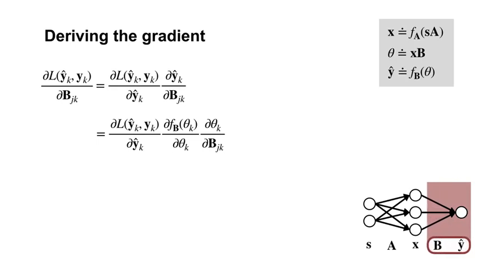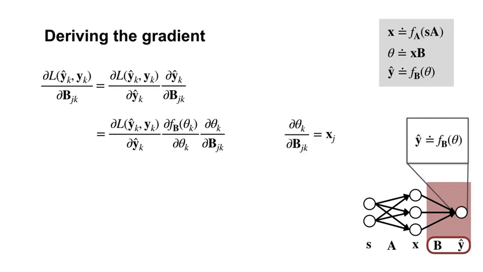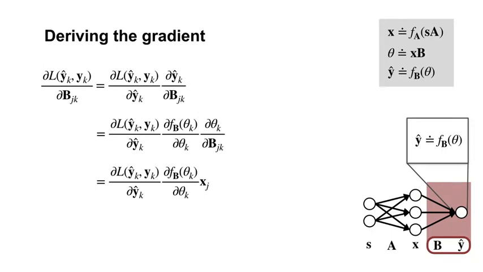Let's expand the derivative of Y hat with respect to B. Using the chain rule, we get the derivative of FB with respect to theta times the derivative of theta with respect to B. The derivative of theta with respect to B is X. This is because theta is a linear function of B, and because X does not depend on B. And now we're done deriving the gradient for B.